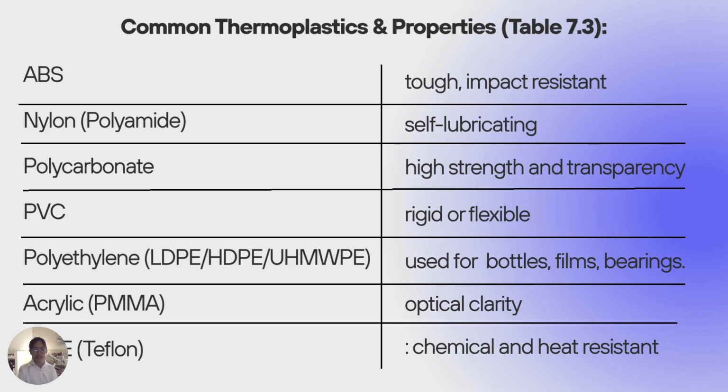Polyethylene, such as LDPE, HDPE, and UHMWPE, used for bottles, films, and artificial joints. Acrylic, which has high optical clarity, used in windows and displays. And finally, PTFE or Teflon, which has exceptional chemical and heat resistance, used in seals and cookware.